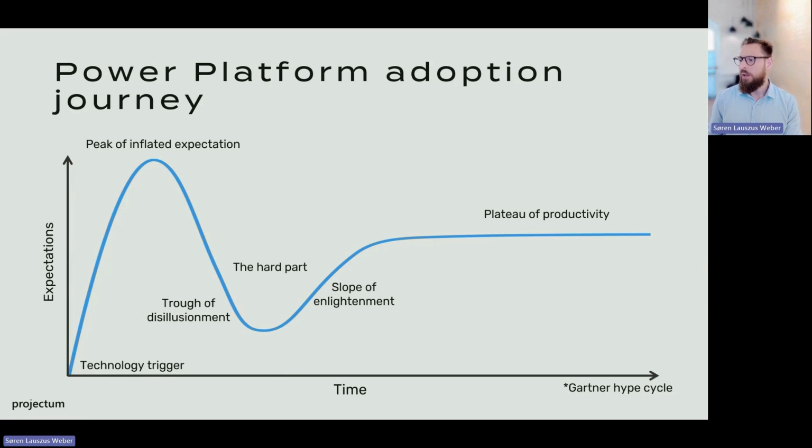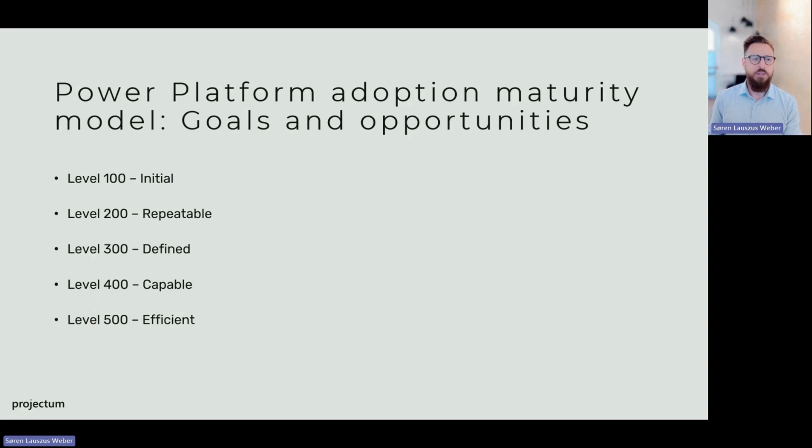So let's look at Microsoft's own adoption maturity model. There are three levels identified based on where companies are, in terms of their maturity with the Center of Excellence and working with the Power Platform.